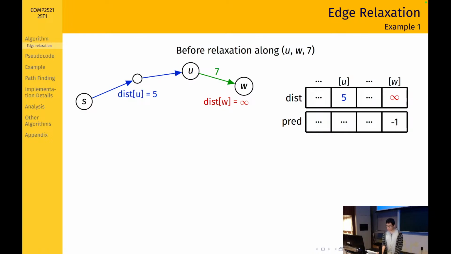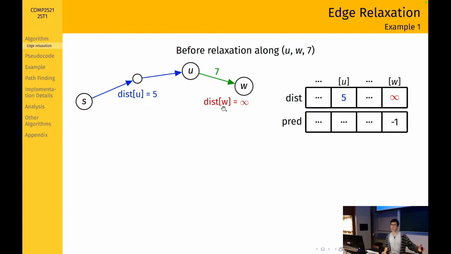Okay, and here are some examples of edge relaxation. So suppose that at the moment we've calculated that the distance from S to U is 5. Okay, and then we're considering this edge from U to W, which has weight 7. Okay, and we haven't discovered a path to W yet.